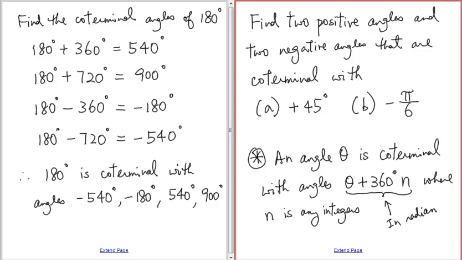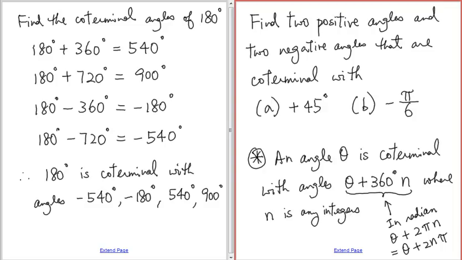It will be theta plus 2 pi n. But more often, we will write theta plus 2n pi because we like to leave the pi in the back.